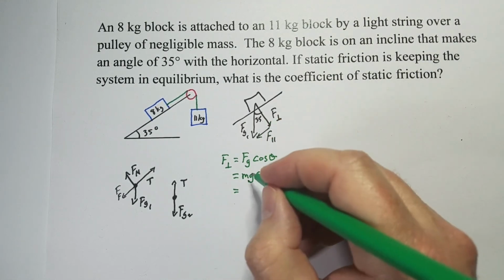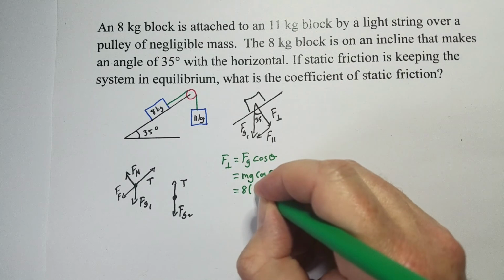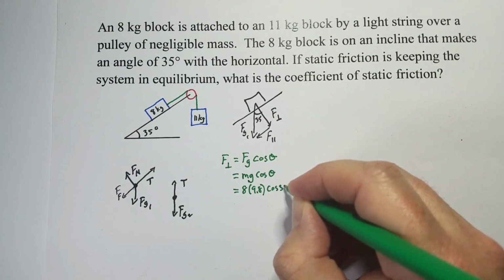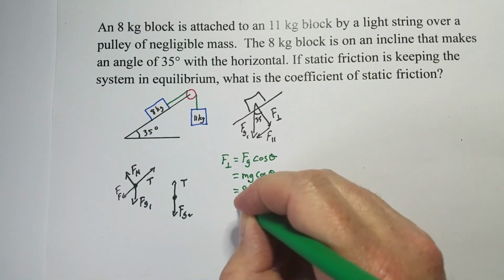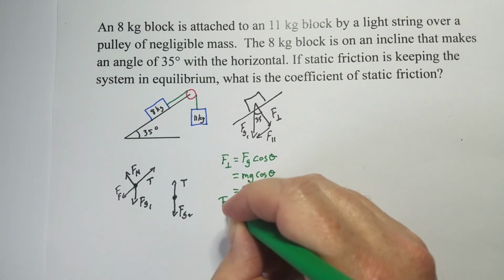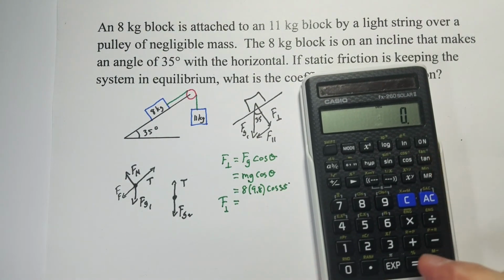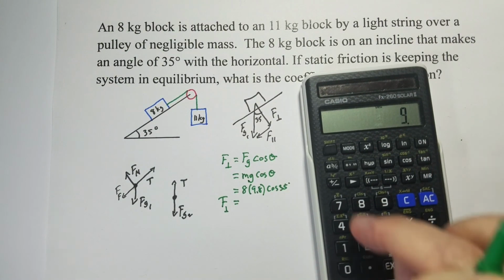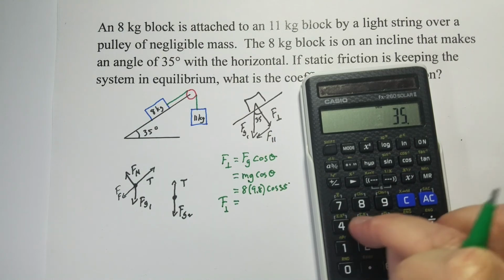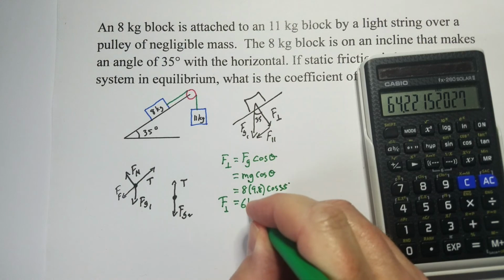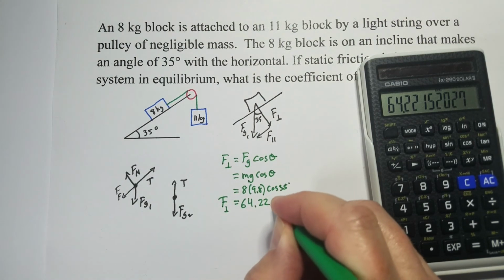So for this one, that would be 8 times 9.8 times the cosine of 35 degrees. So 8 times 9.8 times cosine 35 gives me 64.22 newtons.